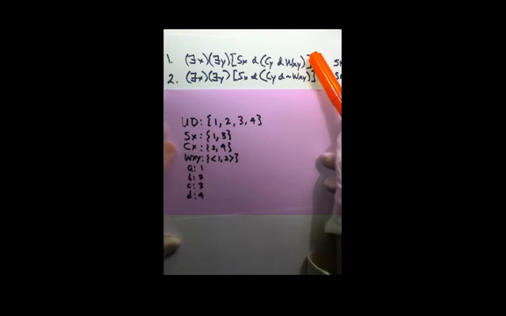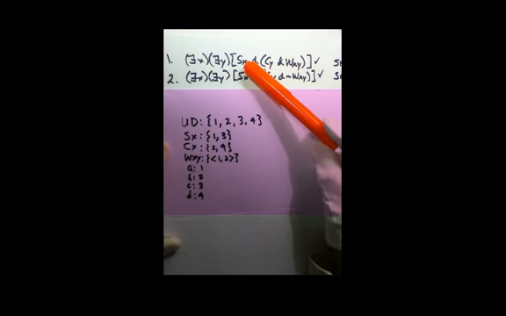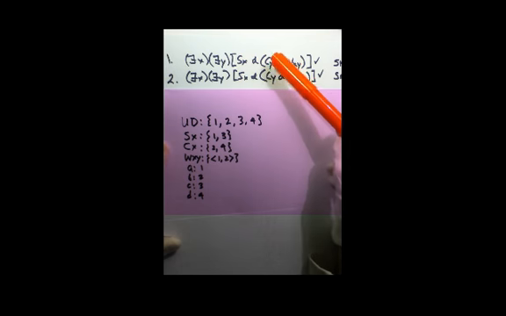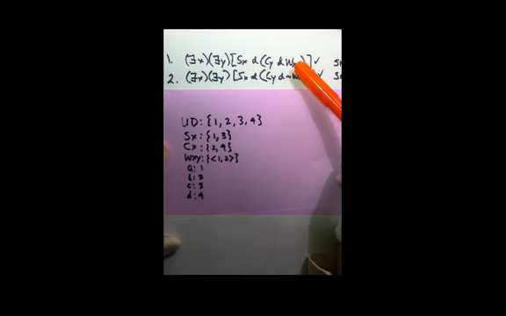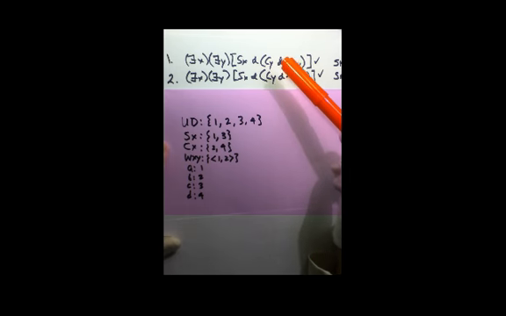So this sentence, again, number 1, says there's a pair xy such that the x is an S, the y is a C, and the pair xy is in the extension of W. And our question is, is that really true? Is there really a pair that satisfies all of those conditions?